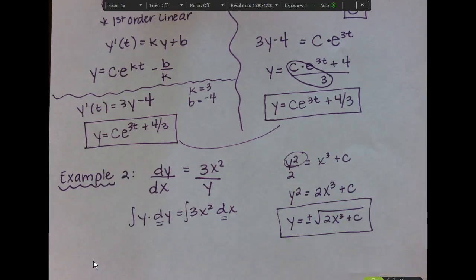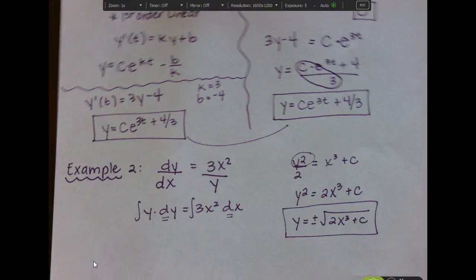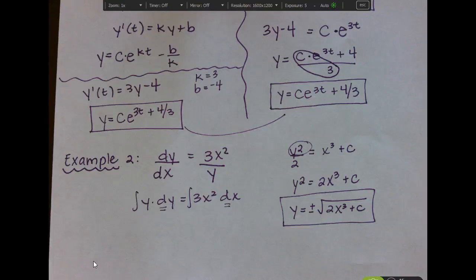So that problem wasn't too bad. Let's do one final example where we are not just looking for the general solution, but we're given some initial condition, and we're using that initial condition to find the particular solution to the differential equation.